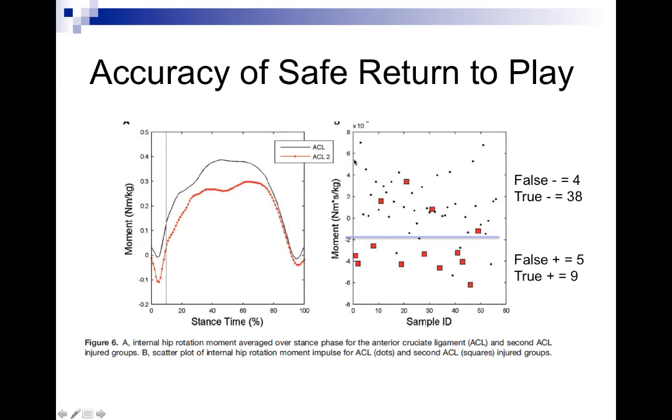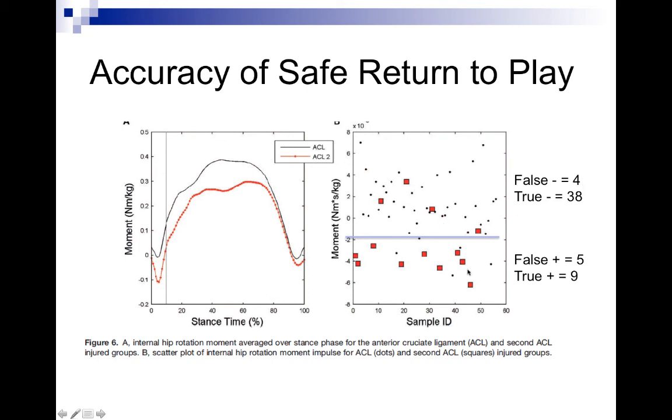And then if we look here at the people who passed the test, they were low, so they had an adequate, a more normal amount of rotation moment. We can see 4 of those people that we cleared actually hurt themselves, and then 38 were accurately predicted.